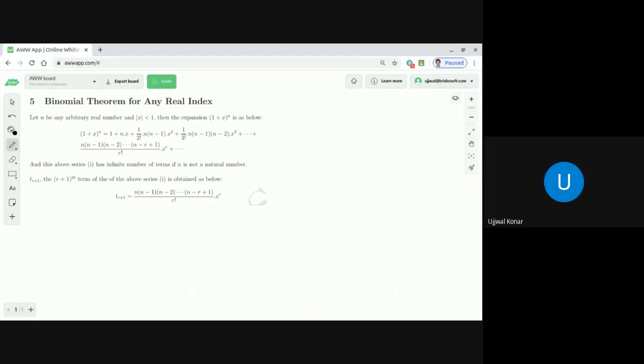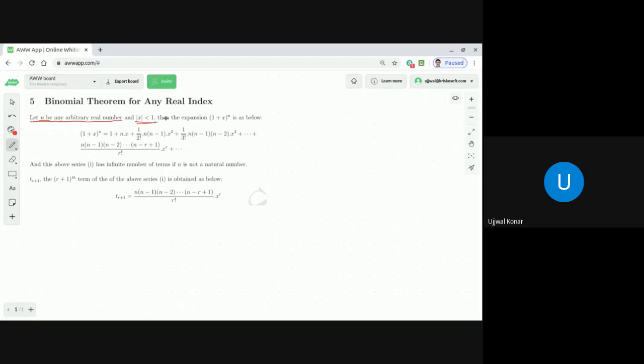Without a natural number, you cannot find the value of nC1, nC2, no? So now in this case, let n be any arbitrary real number and mod x less than 1.